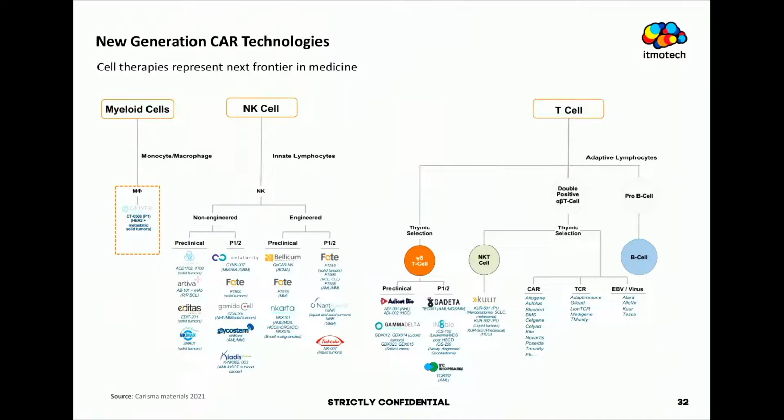And within these T cells, they were just using this particular type of cells and created these CAR T cells. So there are other ways you can use the T cells and try to use them for solid tumors.